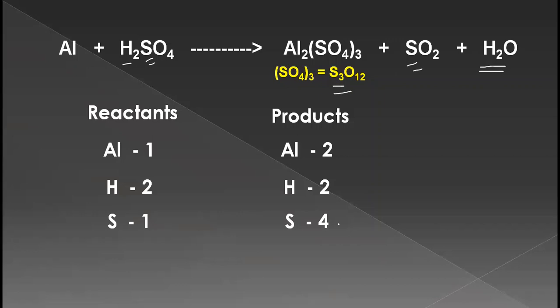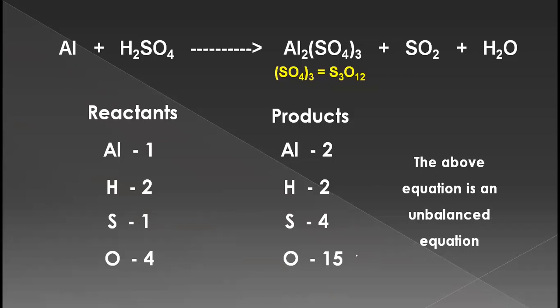So that makes 4 sulfur atoms on the product side. And we have 4 oxygen atoms on the reactant side. And in aluminium sulfate, we have 12 oxygen atoms. Here we have 2, so 12 plus 2 is 14, and here we have 1, so 15. There are 15 oxygen atoms on the product side. So the numbers of atoms are not equal. Hence, the above equation is an unbalanced or skeleton equation.